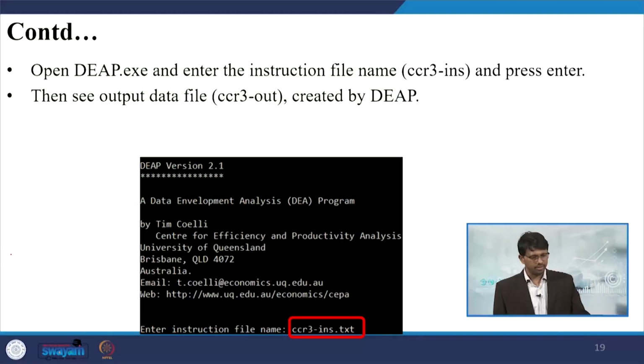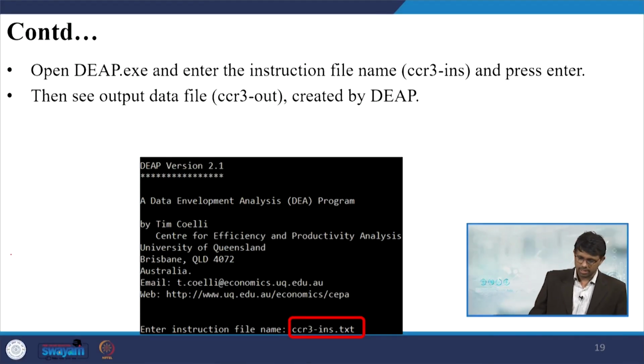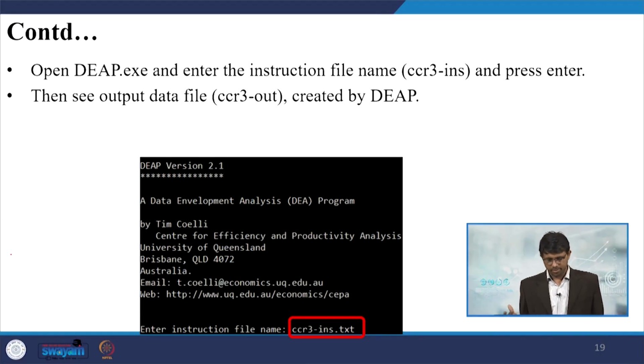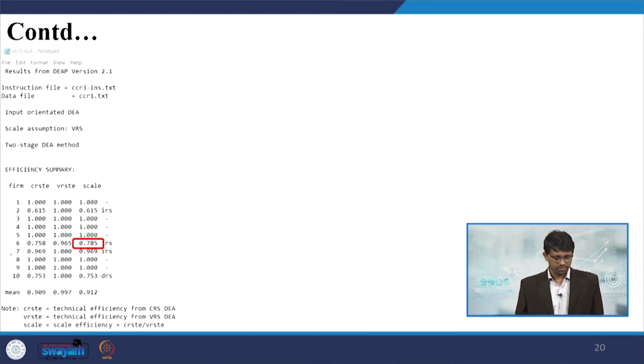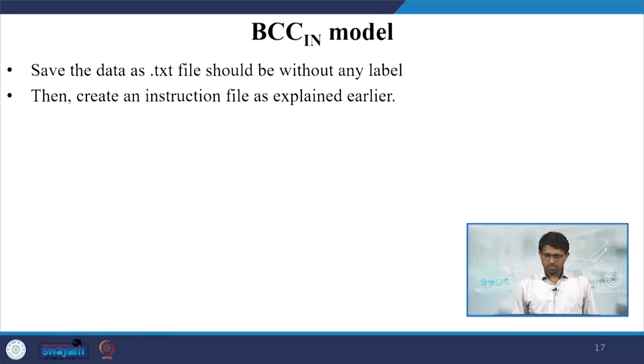The rest we need to do is just open that DEAP file. The CCR3 output is created by DEAP, and the rest of the result can be interpreted very clearly. So, we have been discussing the application of DEAP software. We have already calculated the input base models.